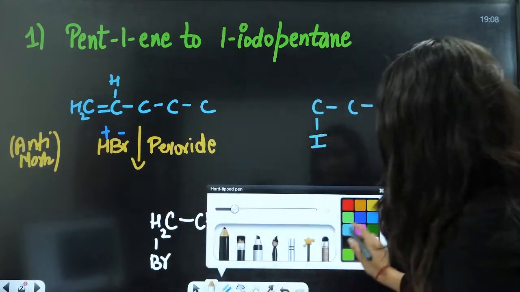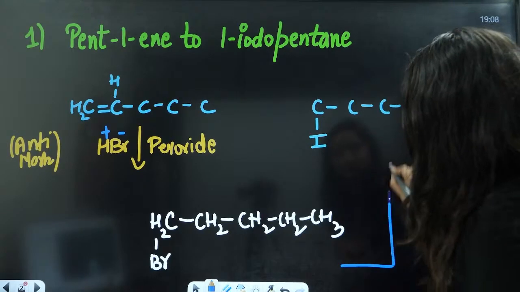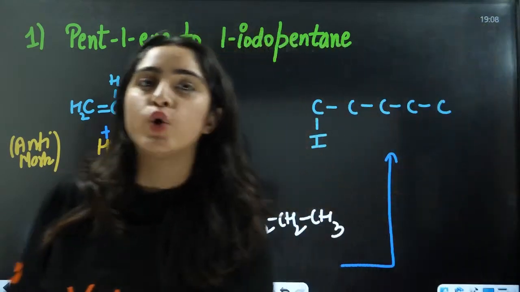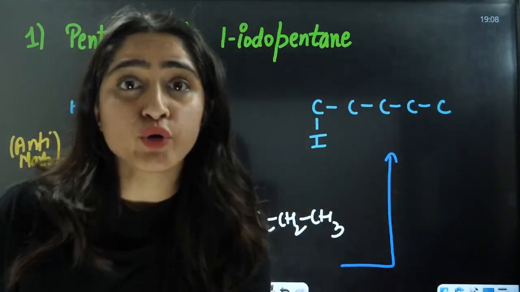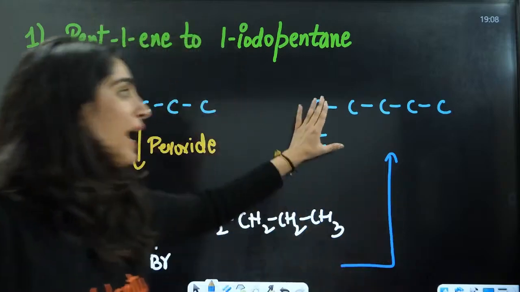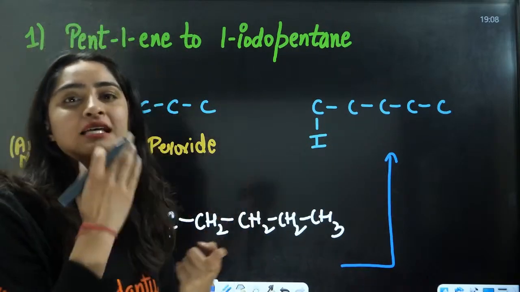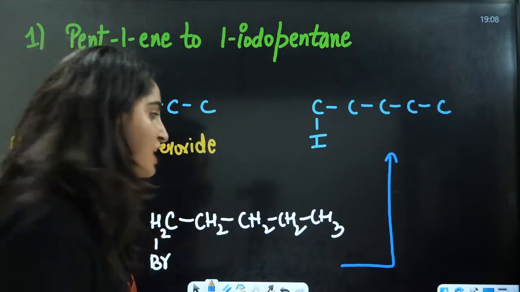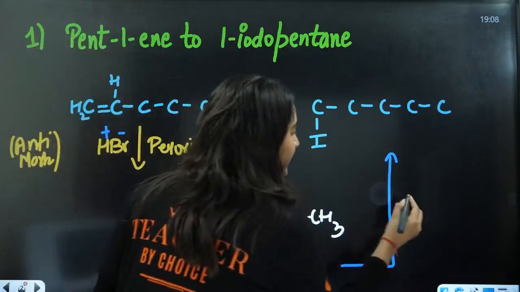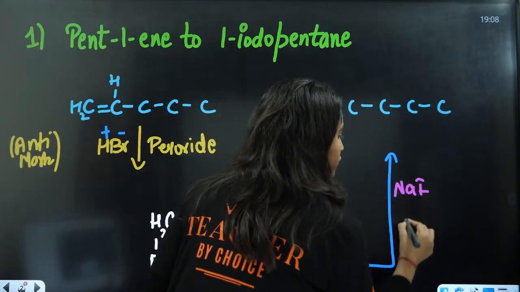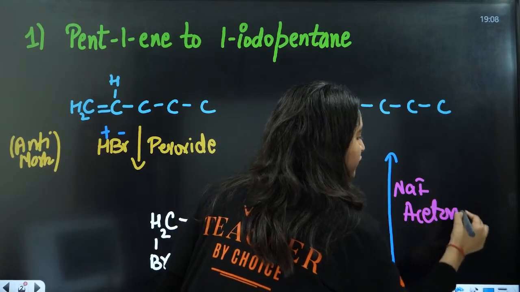Now, to convert a haloalkane, where the halogen is chlorine or bromine, into an iodo compound, what do we do? What is the name of this reaction?